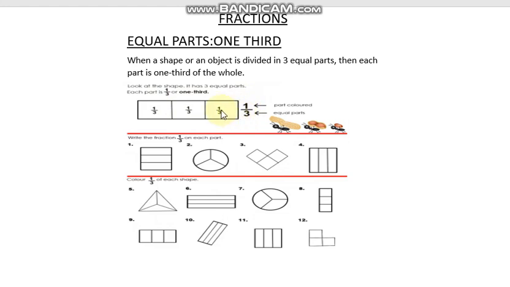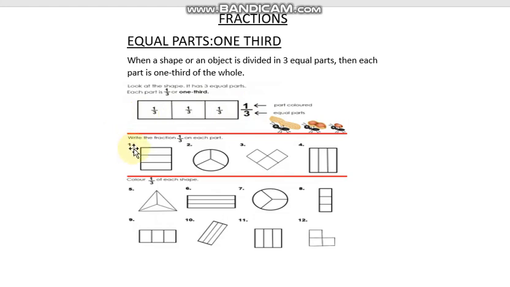If you colored only one part of this shape, then you can write 1/3 of the whole. It means the shape is divided into three equal parts, and we have colored or taken only one part, so we can write 1/3 of the whole.